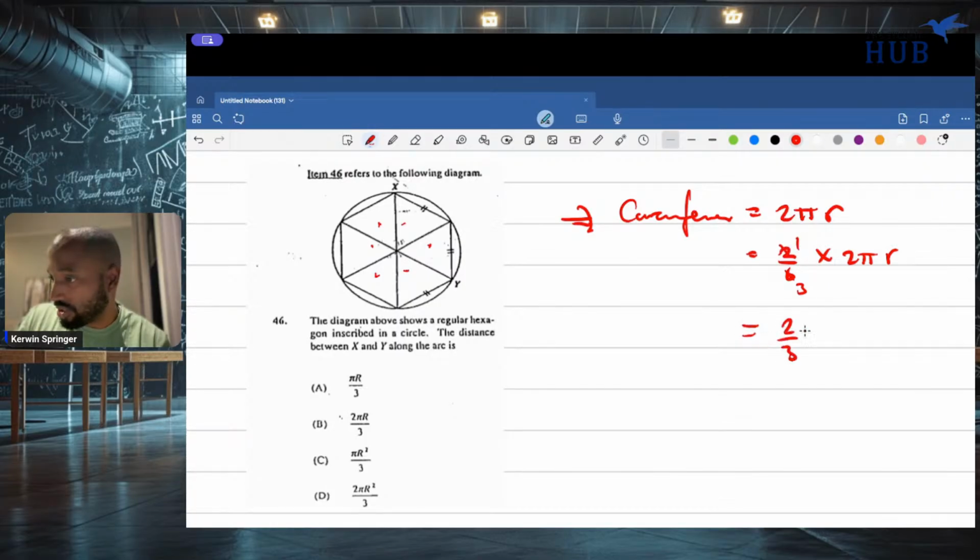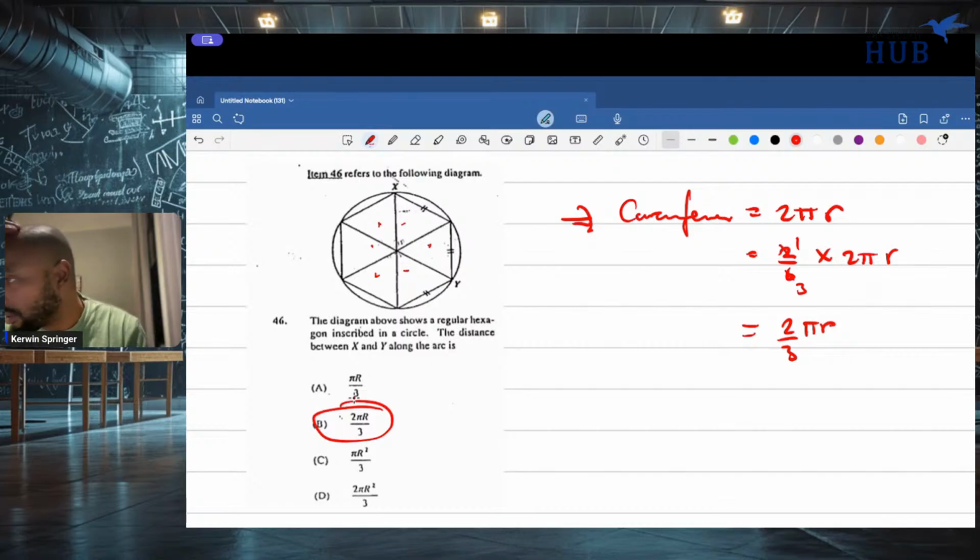So 2/3 pi r, where r is the radius. I don't know why they have r in capital letters. So B is the answer. 2/3 pi r. 2/3, no, 1/3. 1/3 times 2 pi r. Yes, which is 2/3 pi r. Good. All right, so we keep it pumping.